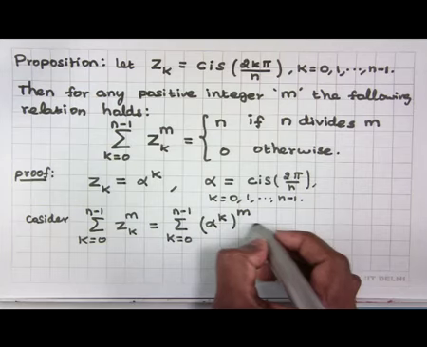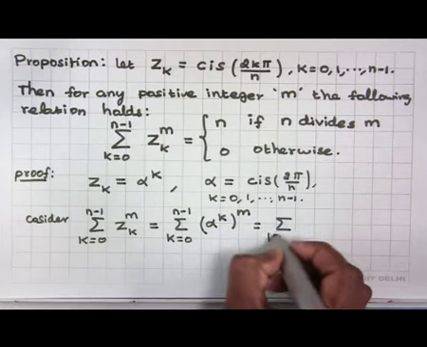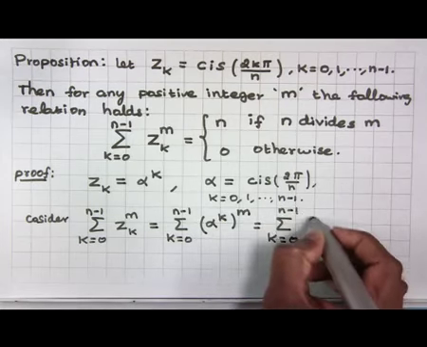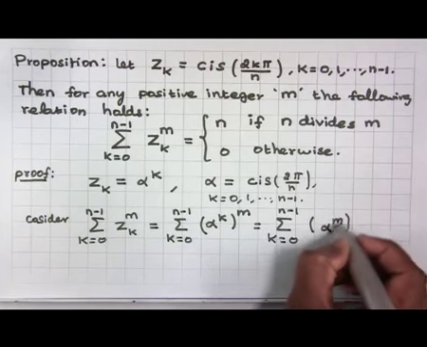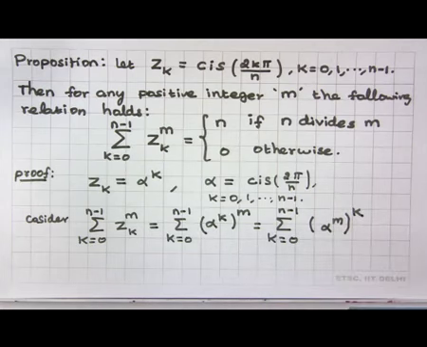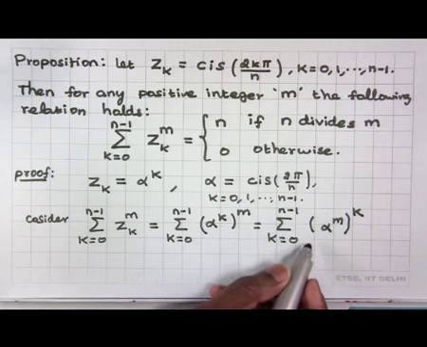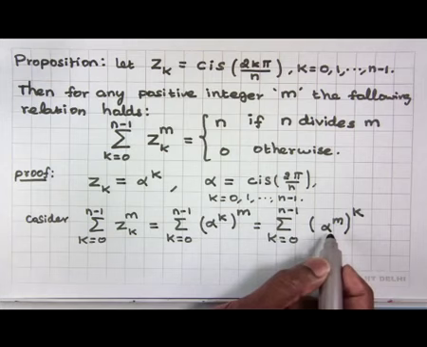This is the same as summation k from 0 to n minus 1 of (alpha power m) power k. Now, this is a fixed number with raised power k. The sum is nothing but a geometric sum. We know how to easily find the value of the sum.